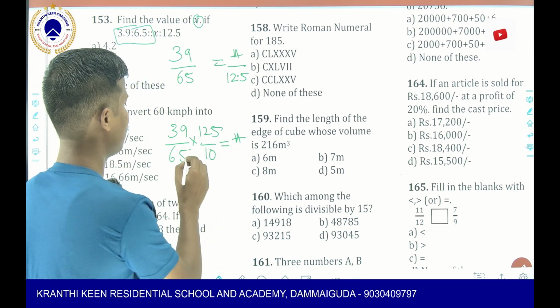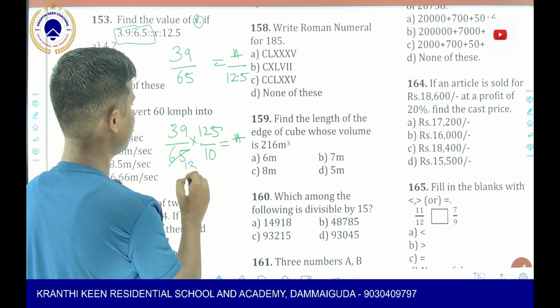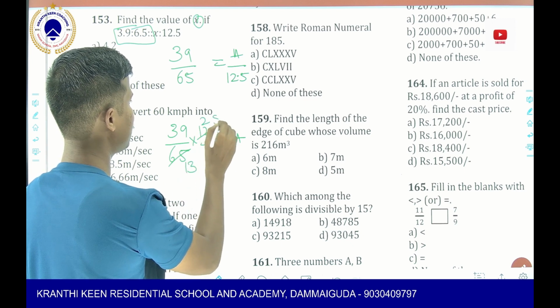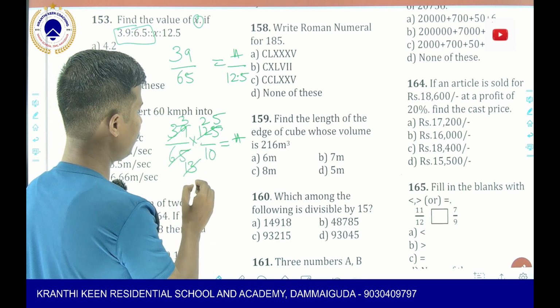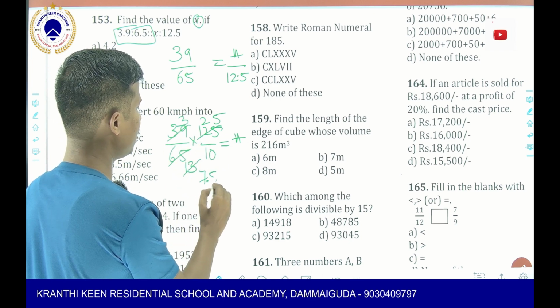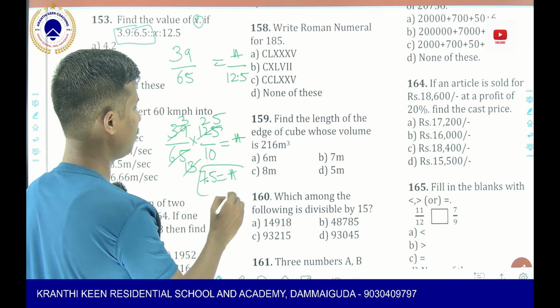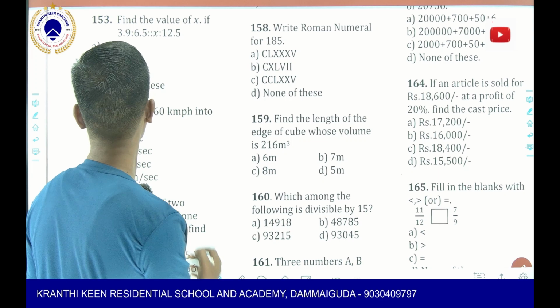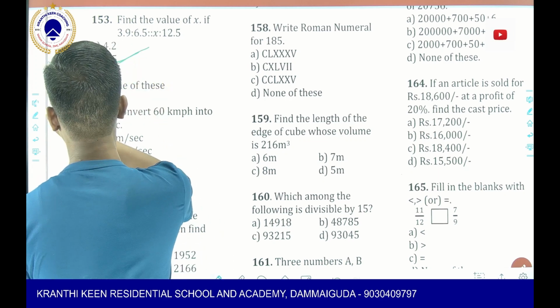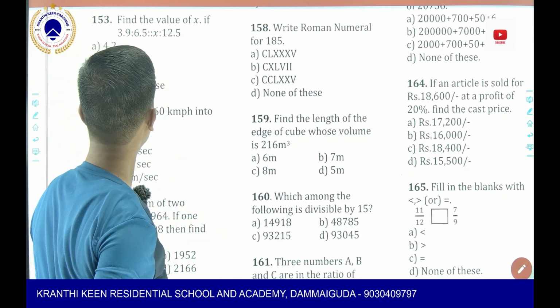Cancel: 5 13s are 65, 5 25s are 125, 13 threes are 39. 3 into 25 is 75, so 75 by 10 is equal to 7.5. Therefore, 7.5 is the correct answer for question number 153.